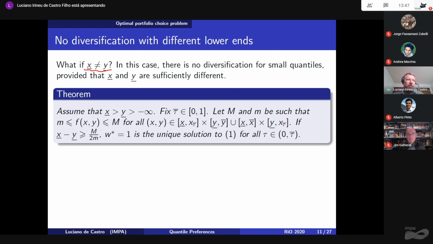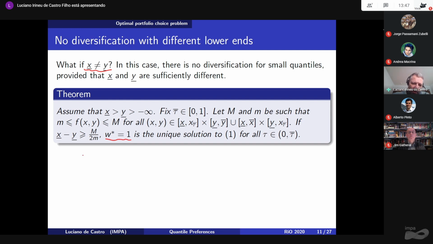Well, in some sense, the short response is that everything can happen. At least in this case, if you have a condition that the lower ends of X and Y are sufficiently different, then you do not diversify.